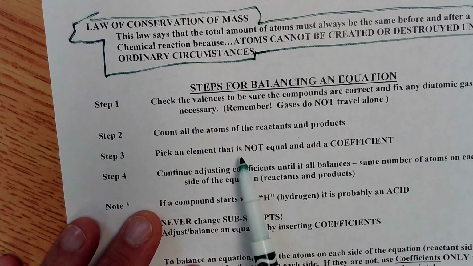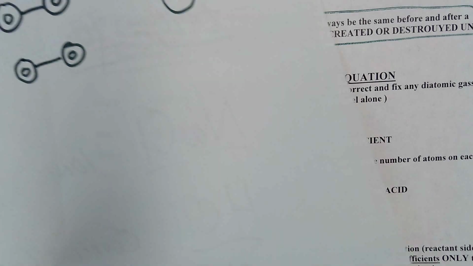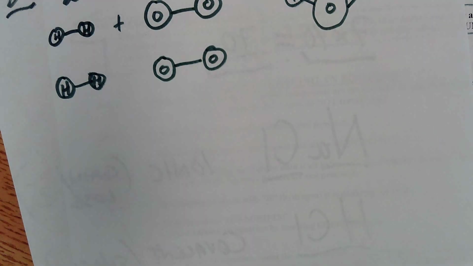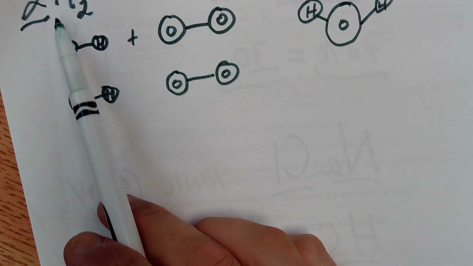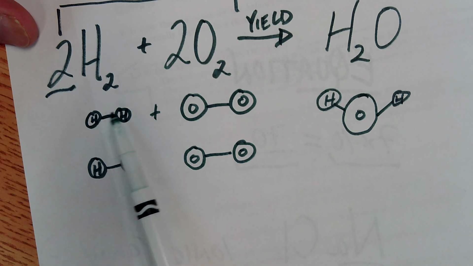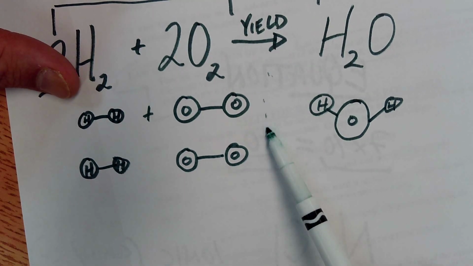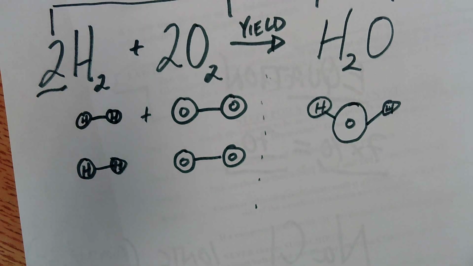Then we'll pick an element that is not equal. So here we said H2O, it's not equal. Okay, technically here, I mean, I know I've started to balance already. I added some coefficients. I made 2 H2s. Here we have 1, 2, 3, 4 hydrogens. Over here, remember this is supposed to be like a math equation, I only have 2 of them.